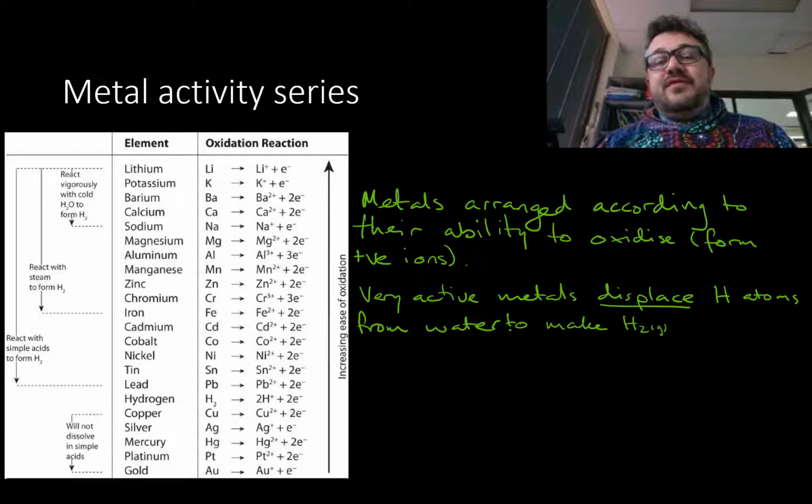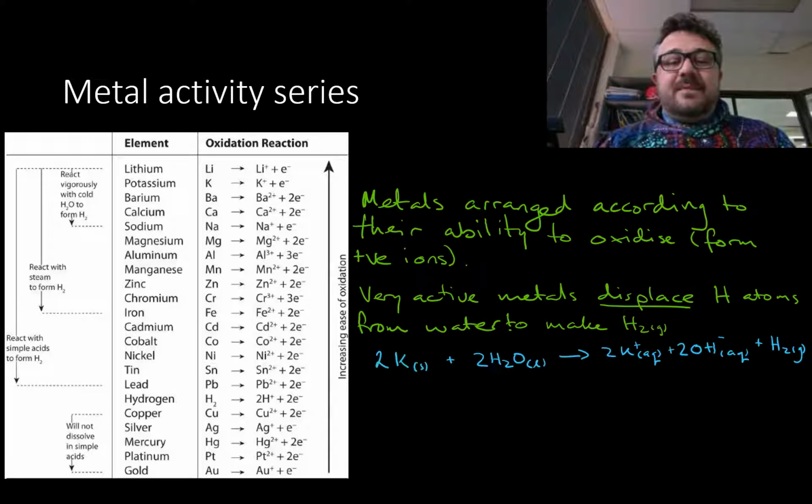So very active metals displace H atoms. Sometimes you'll see it saying hydrogen gas, but technically they're displacing a hydrogen atom, and they then bind together to form hydrogen gas, from water. So here's our potassium. When we put it in water, we get an ionic equation, which we've written here.